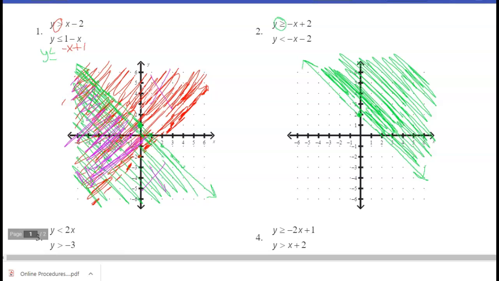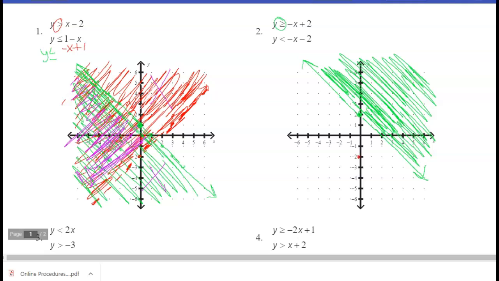And then I'm going to switch my colors. We'll go back to the red. And now we have anything less than. Well, wait a minute here, negative x minus 2.